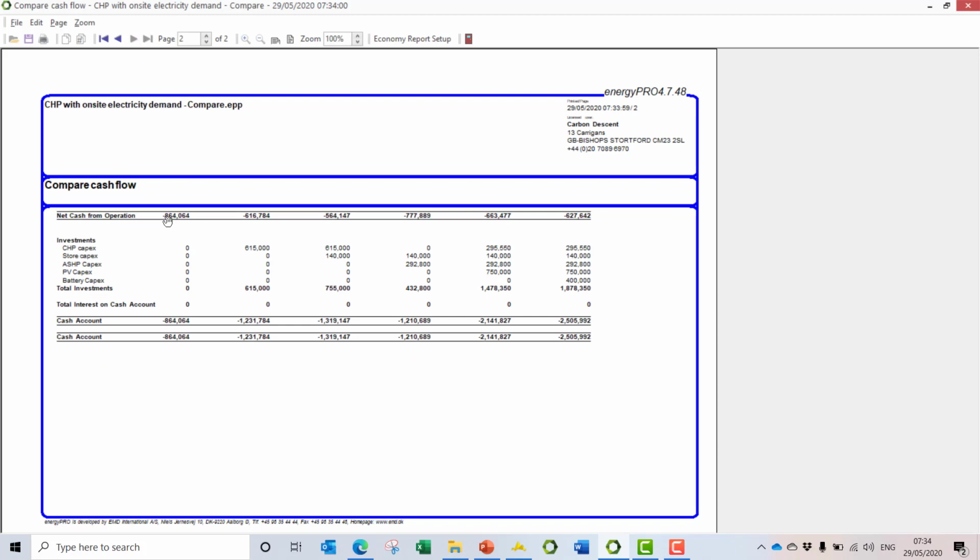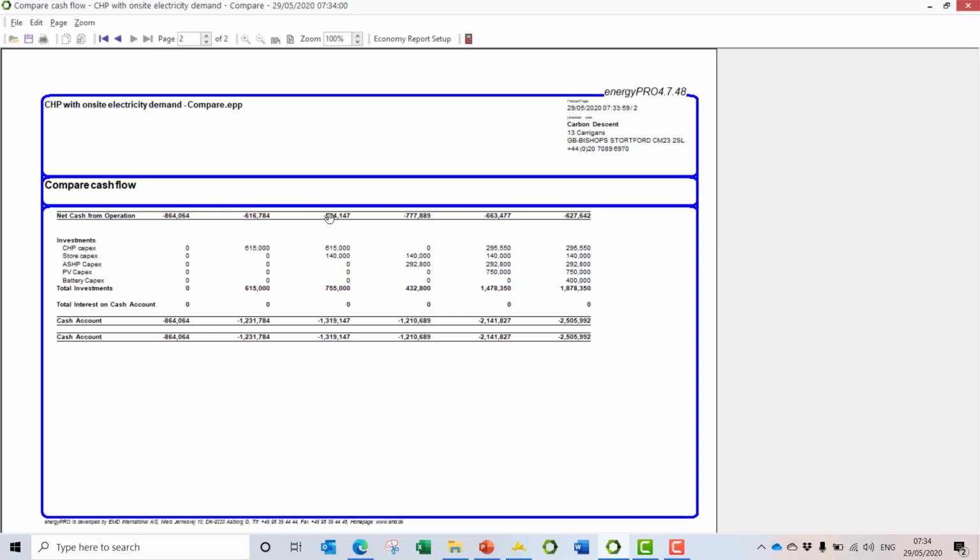And here you can see the bottom line, the net cash flow. So you can see this changing from our original case of costing us £864,000 to run this leisure centre in terms of gas and electricity. And then we can see how this changes with those different technologies applied.